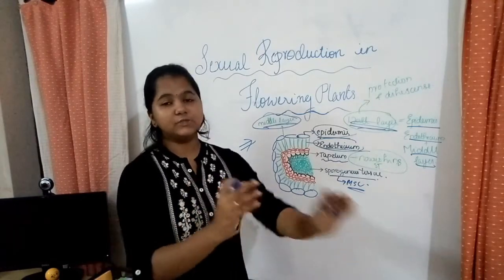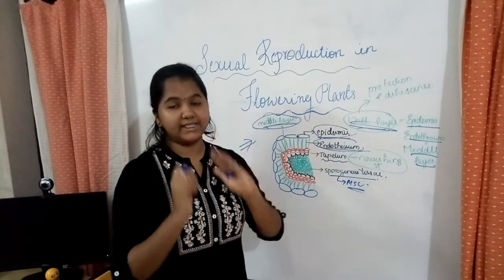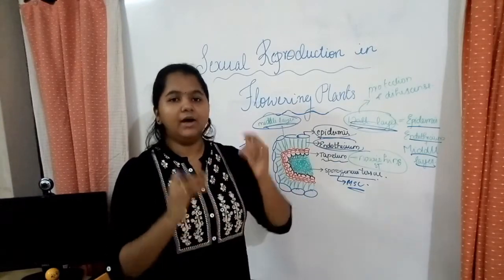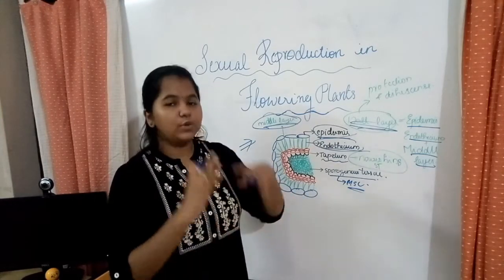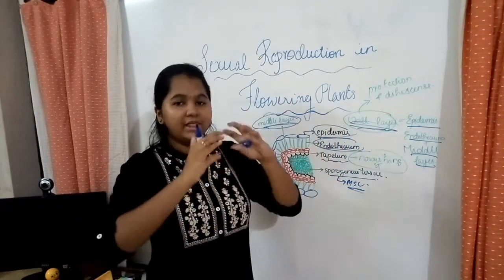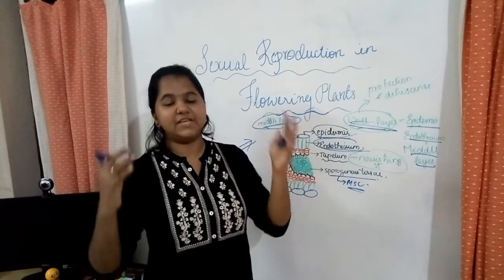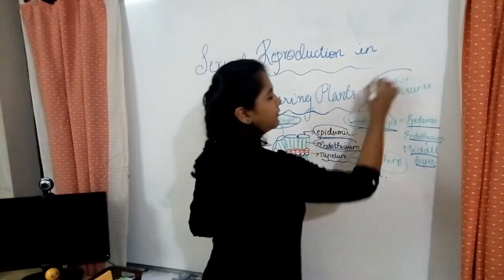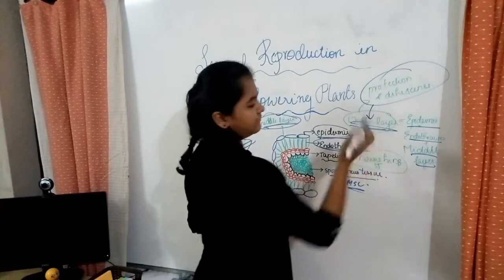I told you that the anther is a microsporangia where the spores are inside. So it has to burst to let the spores move out. That bursting or release of the spores is known as dehiscence. So for protection and dehiscence, we have the wall layer.